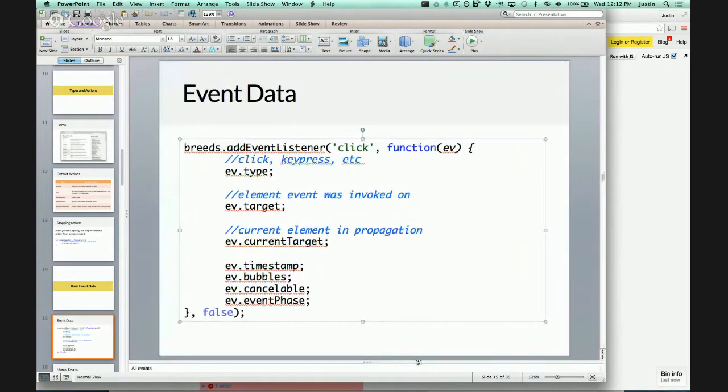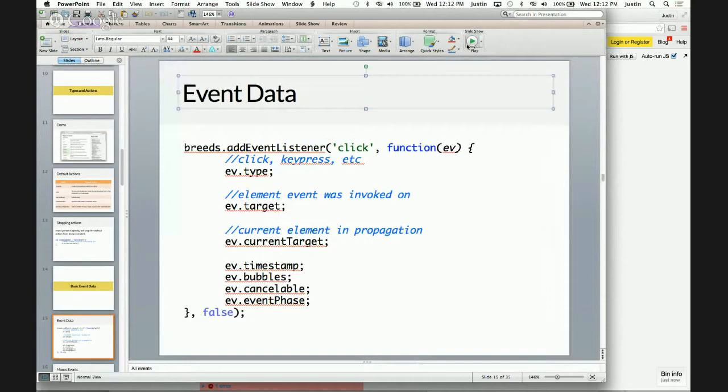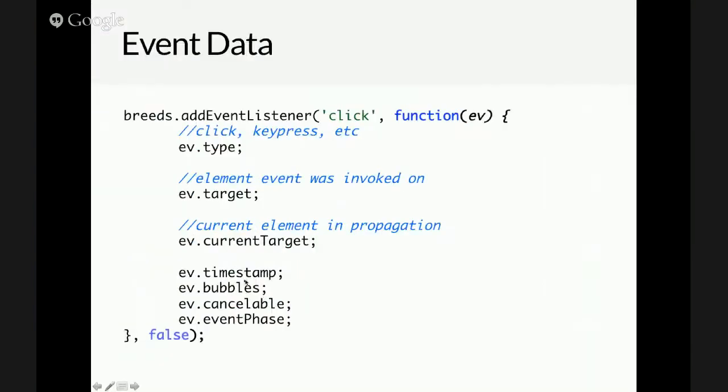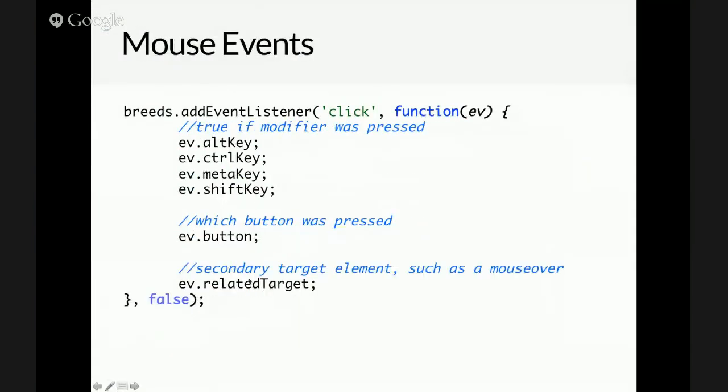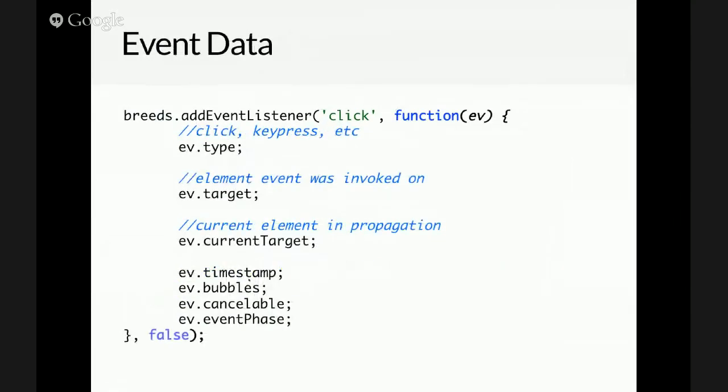An event phase, we're going to talk about what event phase is, but really, I should say that I've never really used any of these. They're just there. Yeah, so you're correct. Cancelable is for default actions. So these are the ones that more or less give you an outline of the event, where it is in propagation, if it's cancelable, that kind of thing.